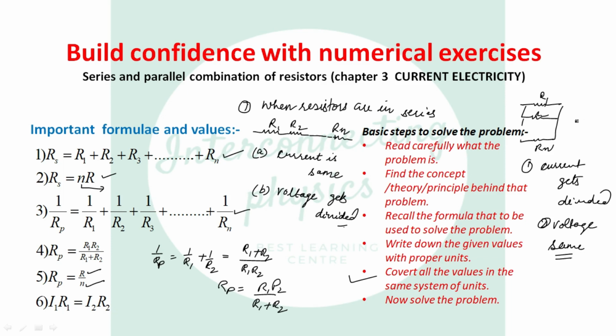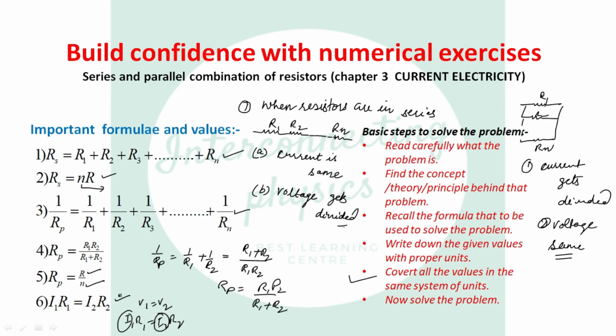Now, if two resistors are parallel, then the voltage across them will be V1 equal to V2, because voltage is equal in parallel combination. Then according to Ohm's law, I1 R1 equals I2 R2, because current gets divided. So if we have two resistors which are parallel, then I1 R1 equals I2 R2.